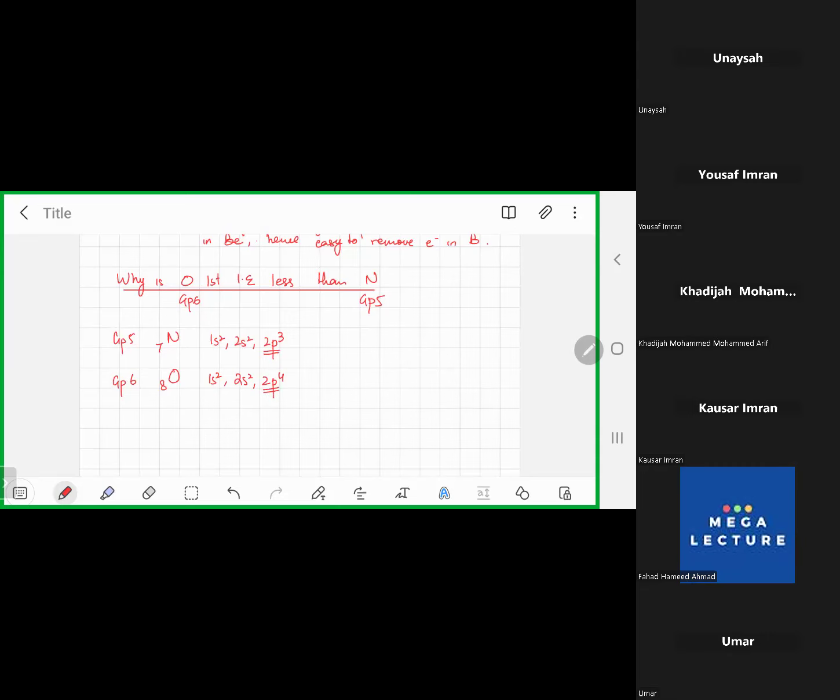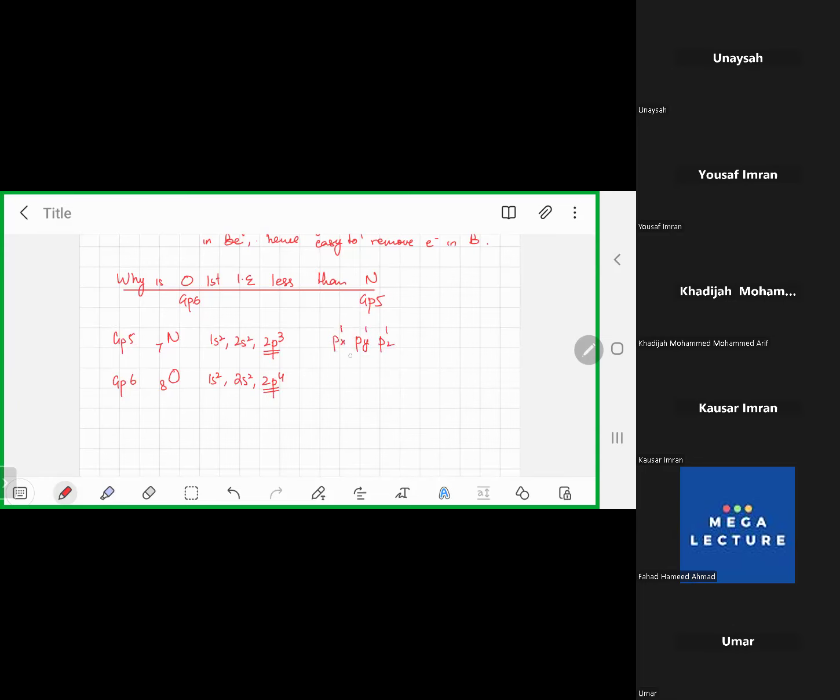अब होगा ये कि when you move from ये p3 to p4, रिपल्शन होगी, ठीक है। रिपल्शन इसलिए होगी कि p3 means that px, py, pz, they all have 1 electron each. अलग अलग orbitals and they all have 1 electron each.